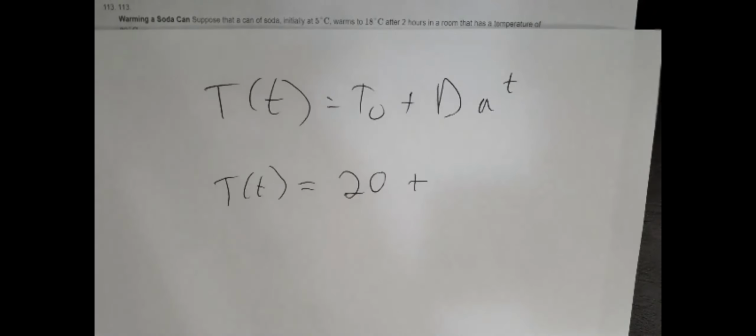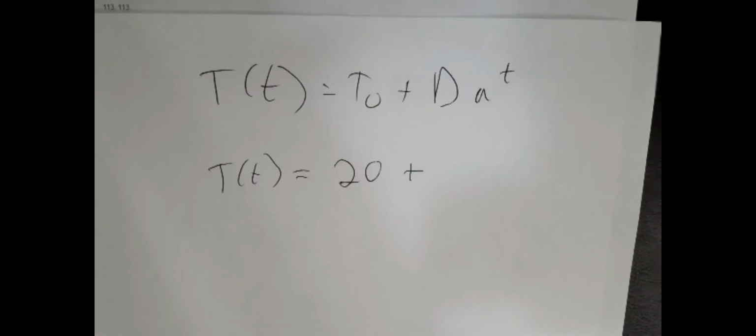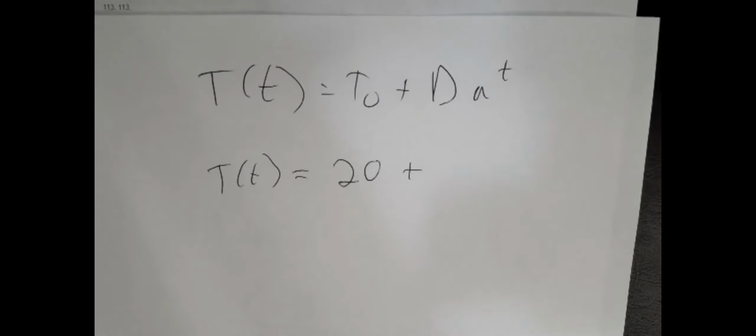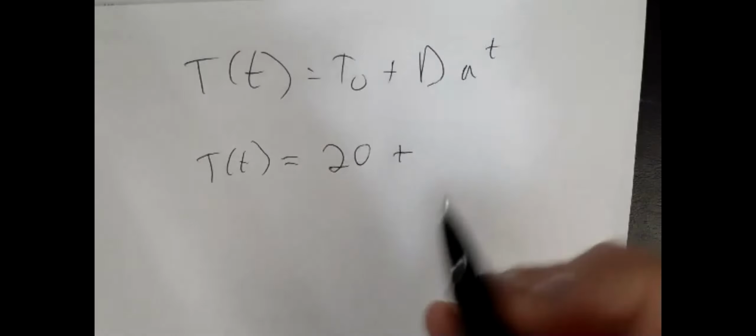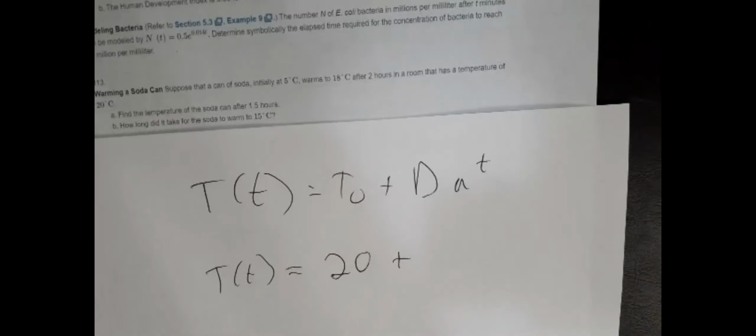My D is my difference. So I've got to make sure I do this in the right order. The difference between the coffee in the room, or the can of soda in the room. So for D, I want to do the difference of my can of soda, which is 5 degrees.